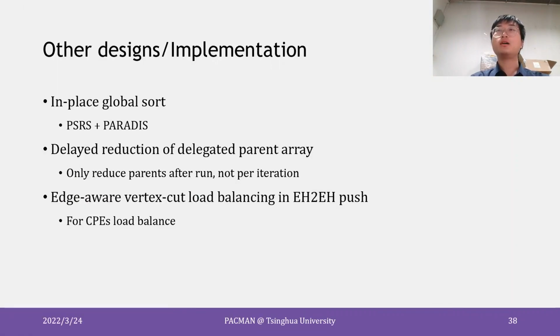There are some other auxiliary designs and implementation details, such as an in-place global sort based on parallel sort by regular sampling, and Paradis, which is a multi-thread in-place radix sort algorithm. The delayed reduction of the delegates' parent array can eliminate per-iteration parent reduction and replace it with one-time communication at the end of the BFS run.